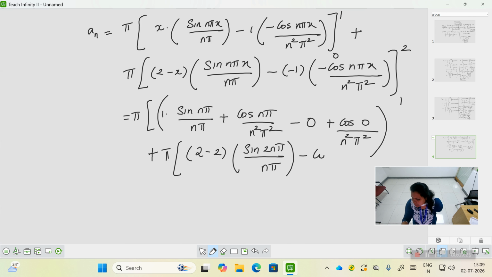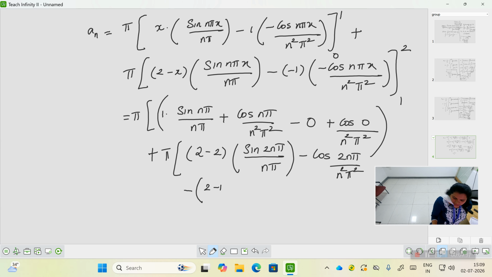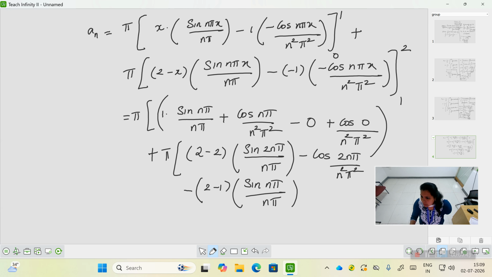You get minus here, cos 2n pi by n square pi square. And substitute the lower limit now. So minus, is it? Minus 2 minus 1 sin n pi by n pi plus minus, is it? Cos n pi divided by n square pi square.